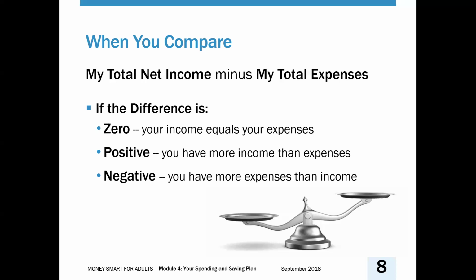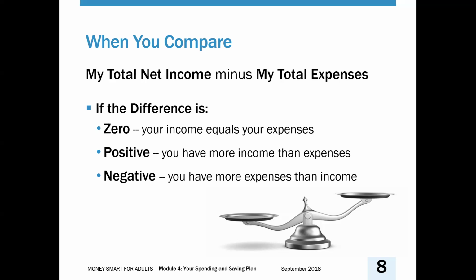If you end up coming up with a positive number, you have more income than expenses. So you should have enough income to cover those expenses. A negative number is something that you may also get after doing this comparison. So you have more expenses than income.